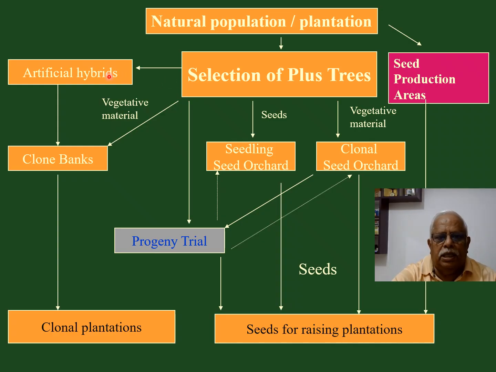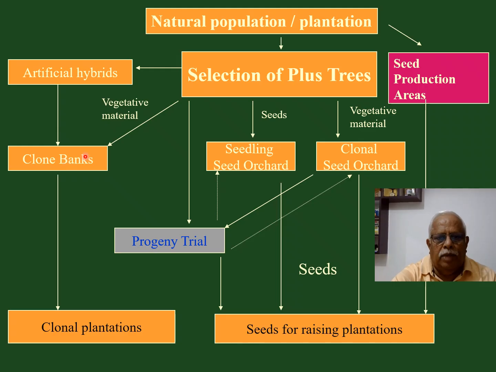These artificial hybrids can be within the species or between species, intraspecific hybrids or interspecific hybrids. These hybrids as well as the plus trees we propagate vegetatively and maintain in a clone bank, and this clone bank will serve as the base for establishment of the clonal seed orchard.